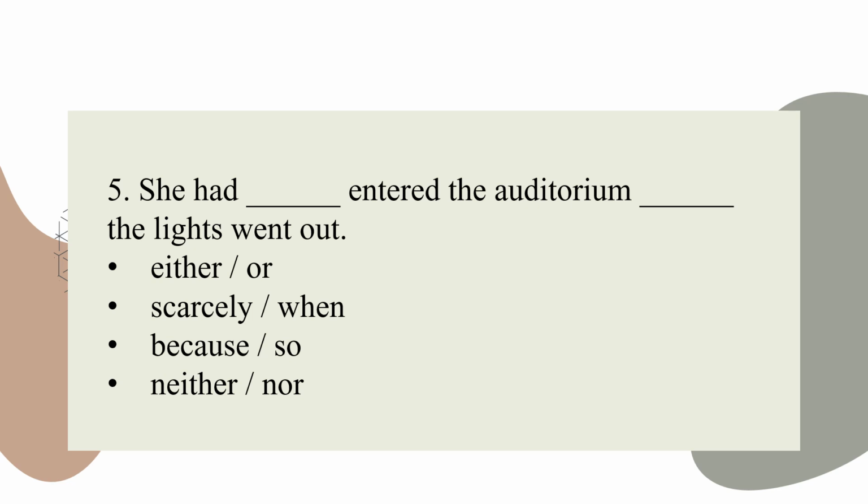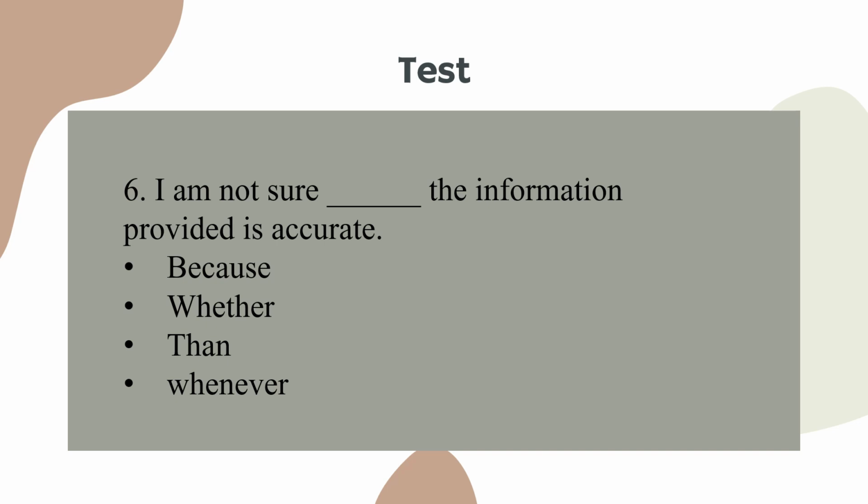The answer would be: she had scarcely entered the auditorium when the lights went out. Number 6. I am not sure dash the information provided is accurate. I am not sure whether the information provided is accurate.